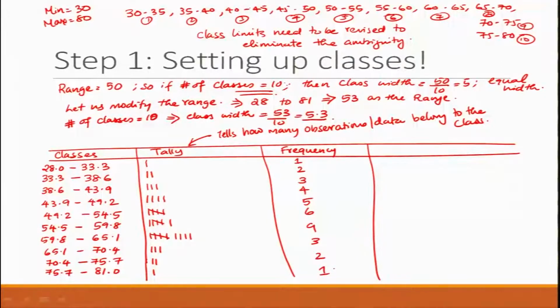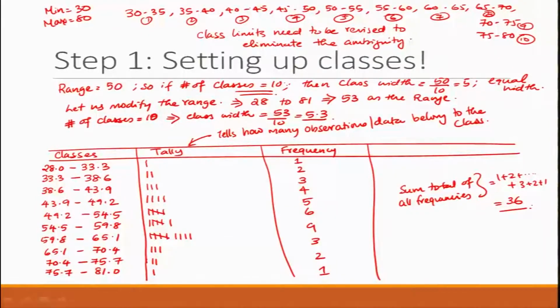If you sum all the frequencies, that is equal to 1 plus 2 plus all the way up to 3 plus 2 plus 1. That gives you how many observations? It gives you a total of 36 observations.